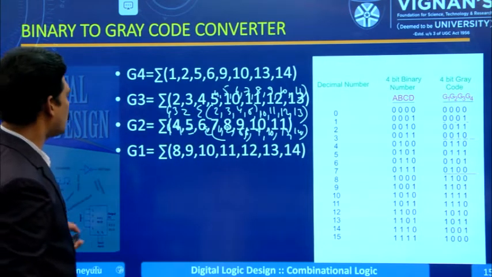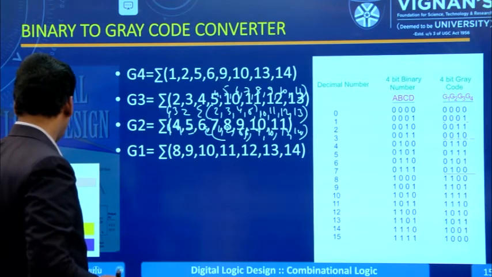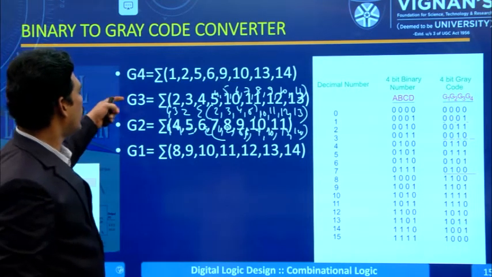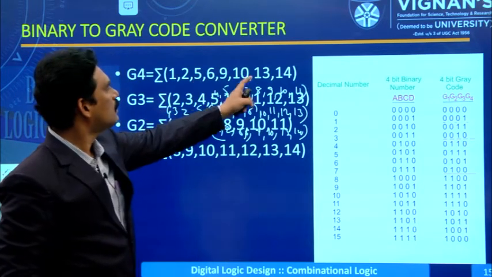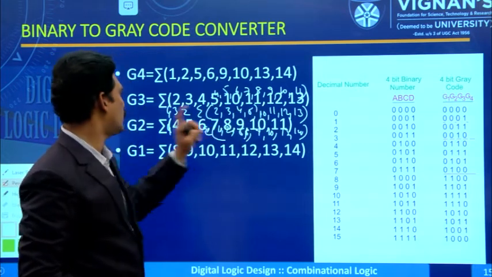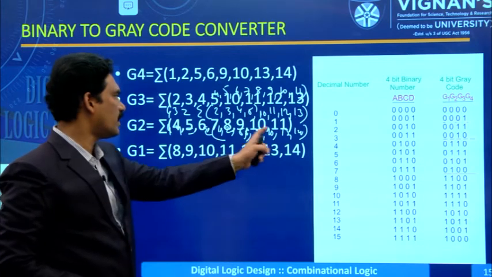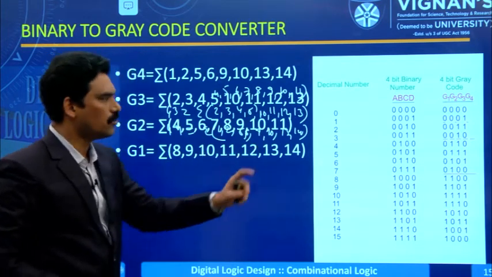Okay, these are the expressions, the equations. G4 is equal to 1, 2, 5, 6, 9, 10, 13, 14 and G3 is equal to 2, 3, 4, 5, 10, 11, 12, 13 and G2 is equal to 4, 5, 6, 7, 8, 9, 10, 11 and G1 is equal to 8, 9, 10, 11, 12, 13, 14.